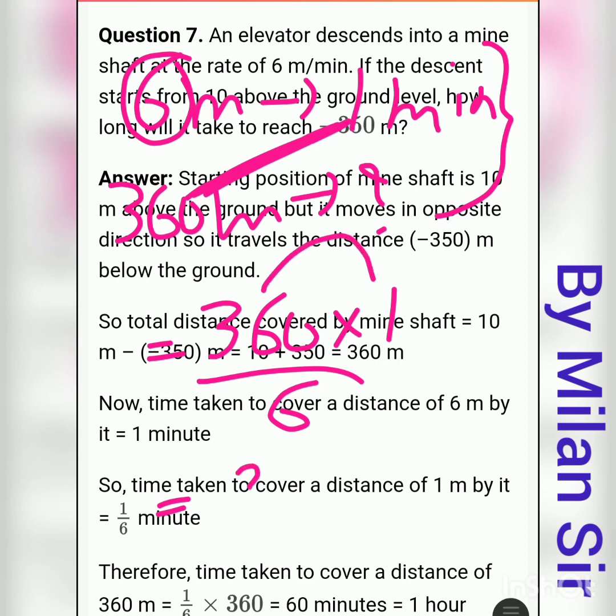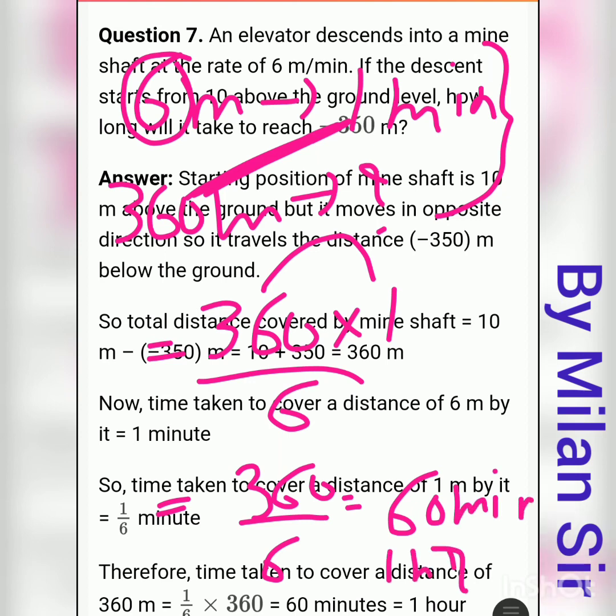So 360 ones are 360, divided by 6, it is 60. If you divide 360 by 6, you will get the answer 60. So 60 minutes, that means 1 hour. So how long will it take? It will take 1 hour, that means 60 minutes.